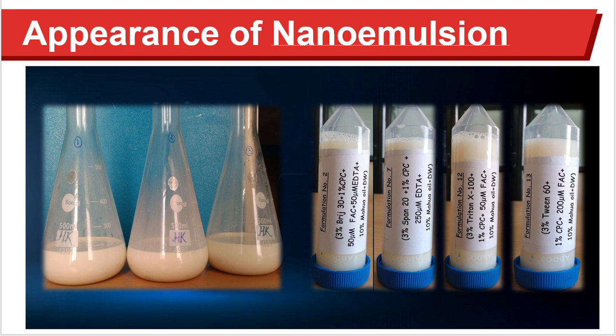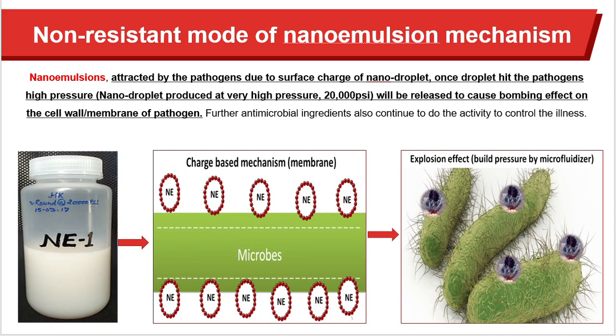Now you know the appearance. You may have a question in your mind: what is the mechanism involved with the nano emulsion? Most of the nano emulsion we use as an antimicrobial agent, so based on our results we come to some conclusion. Nano emulsions, as I already told you, have droplets that produce very high pressure.